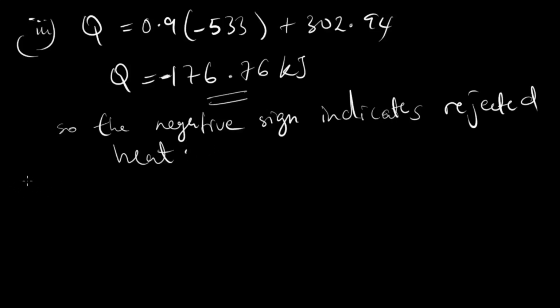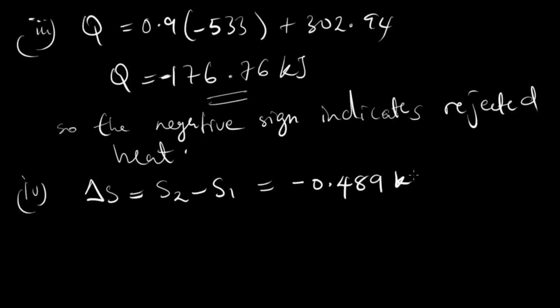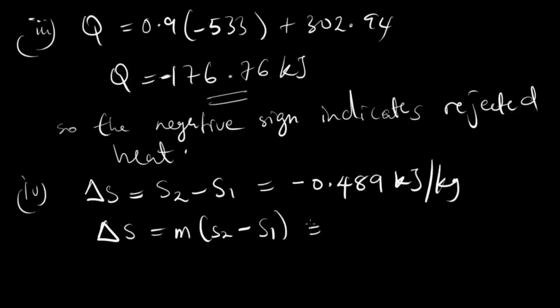So the fourth question was the change in entropy, which is S2 minus S1. We have the value of our S2 and that of our S1. So once you subtract, you have minus 0.489 kilojoules per kilogram Kelvin. But we also have a unit mass, so including our unit mass, we have 0.9 times this value.